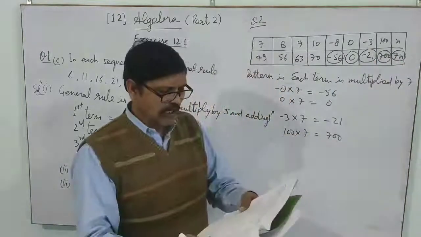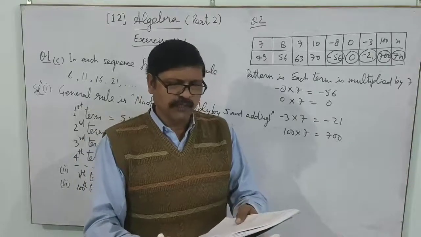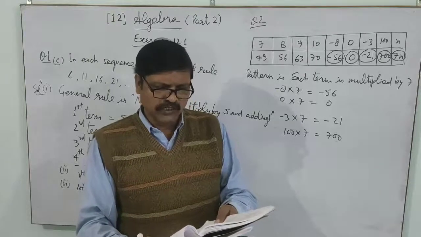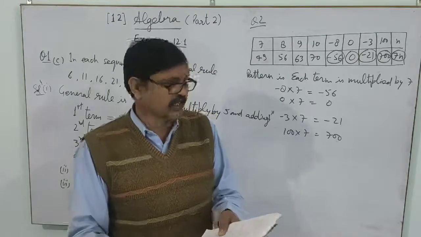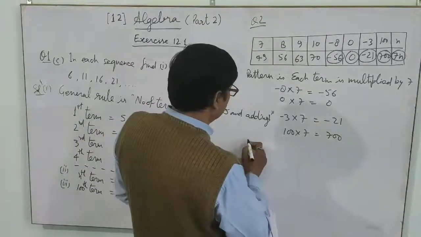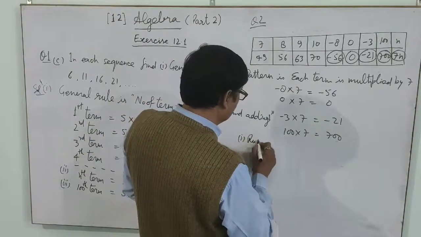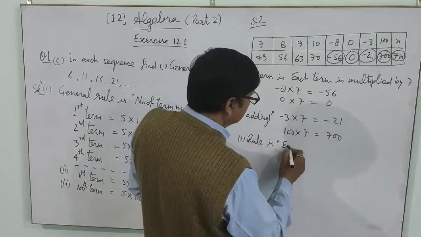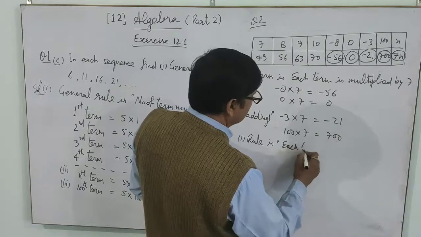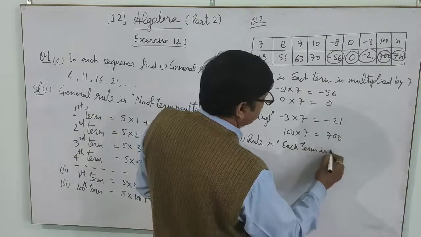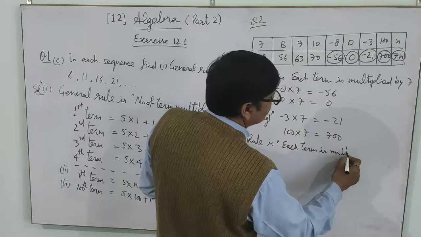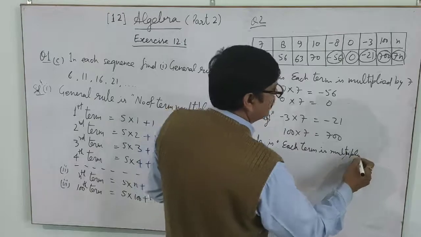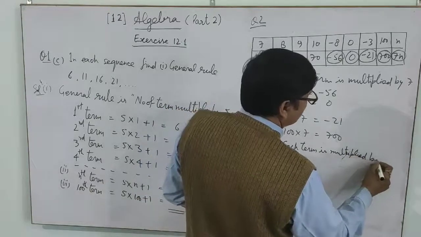Okay, now what is asked? First they are saying fill up the missing boxes, so I filled the missing boxes. A: State the rule which connects the quantities in the different columns. So what is the rule? Each term is multiplied by 7.